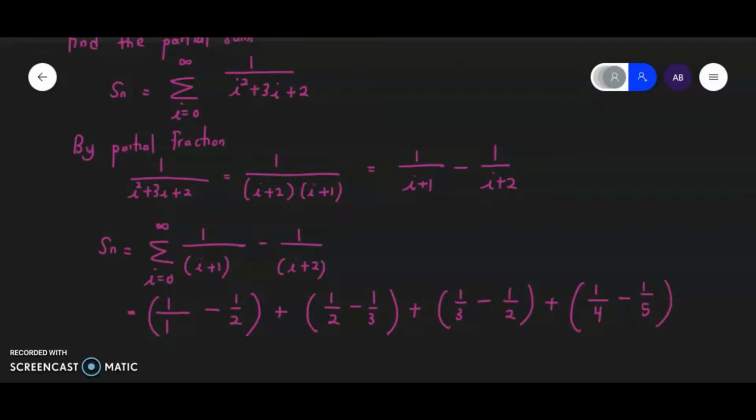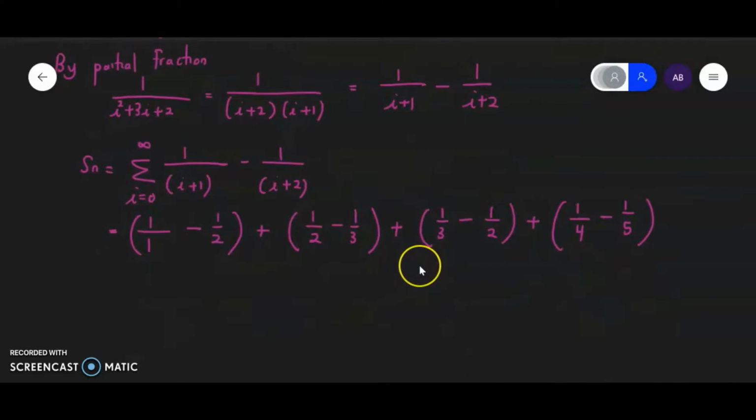And then what is the term when i is n? I think we should find n minus 1 first. So what is it when i is n minus 1? I have 1 over n minus 1 over n plus 1, and when i is n, 1 over n plus 1 minus 1 over n plus 2.